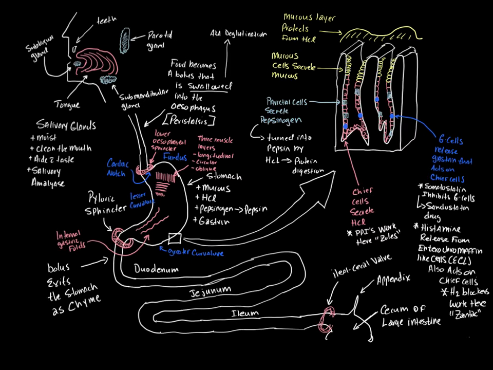The stomach is a muscular organ, like most organs of the GI tract, or of the canal at least. There are 3 layers of muscle. You have these longitudinal muscles on the outside, and then in the middle, you have circular muscle tissue.